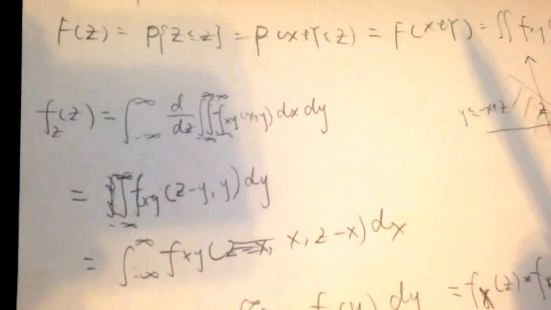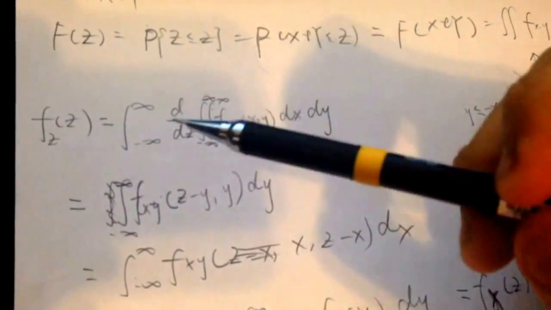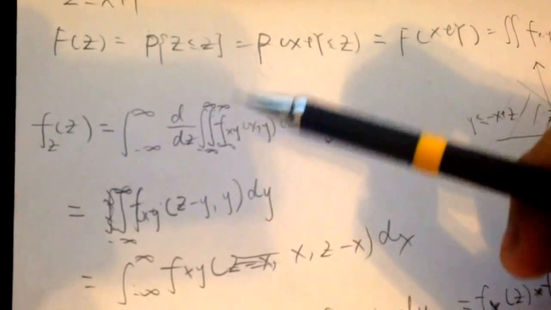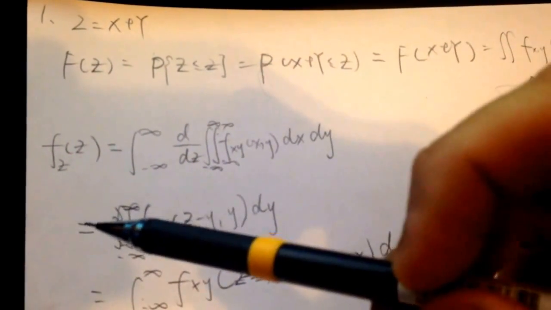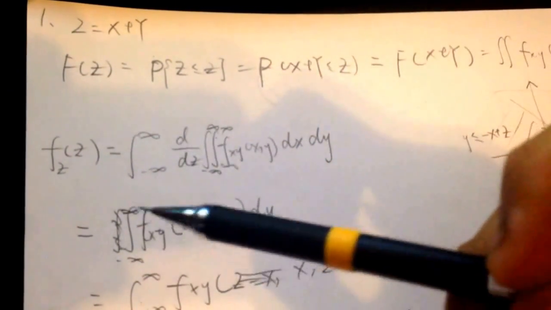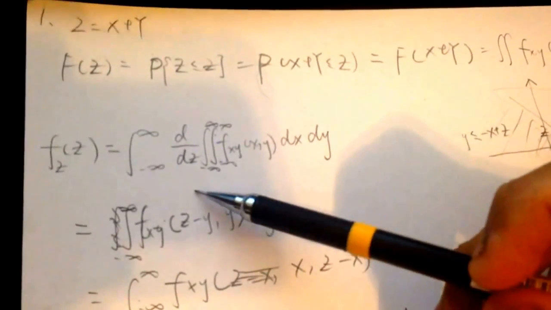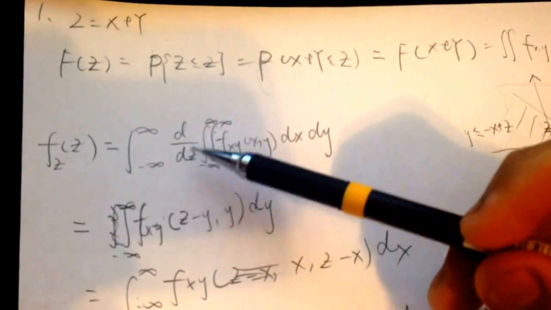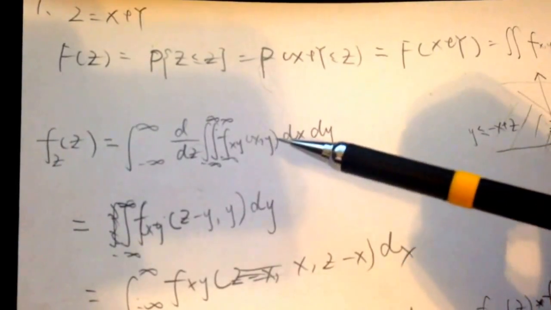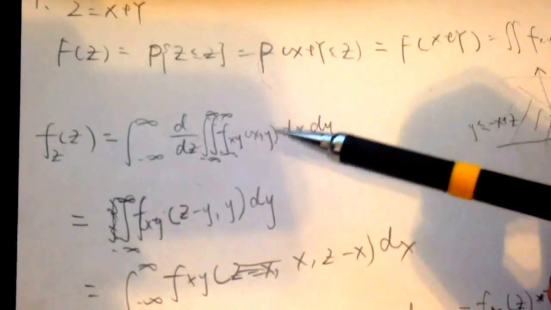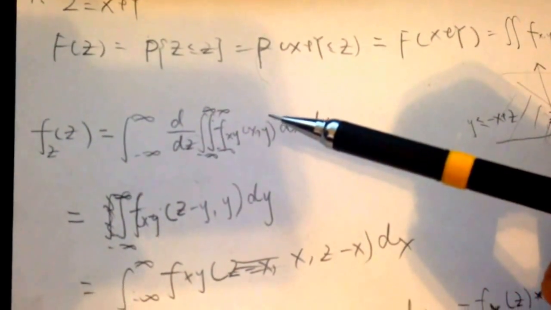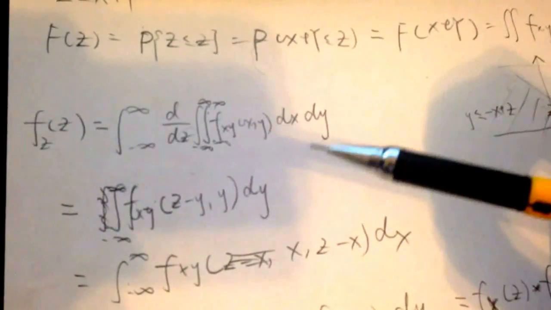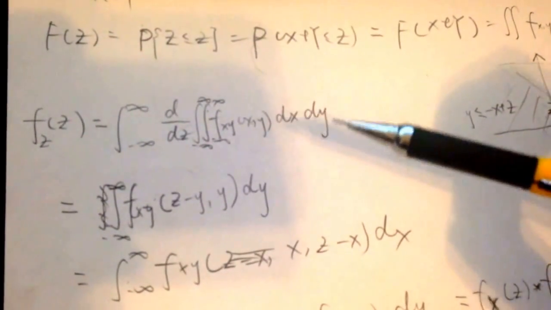Because we already know capital F of z equals this, we can differentiate to get the little f of z of z. So that is the integral of f(x,y) of x, y, and then we can substitute y with z minus x.